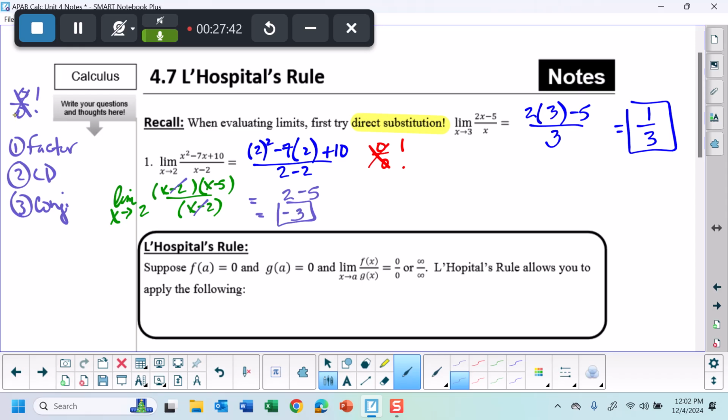L'Hopital's rule says, instead of dealing with all of this, what if I gave you a shortcut? What if all of this you didn't have to bother doing?